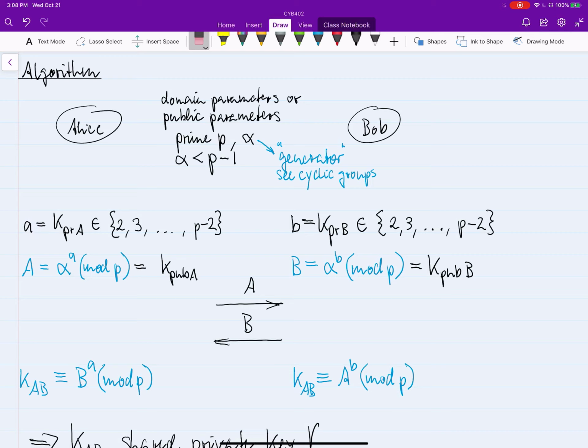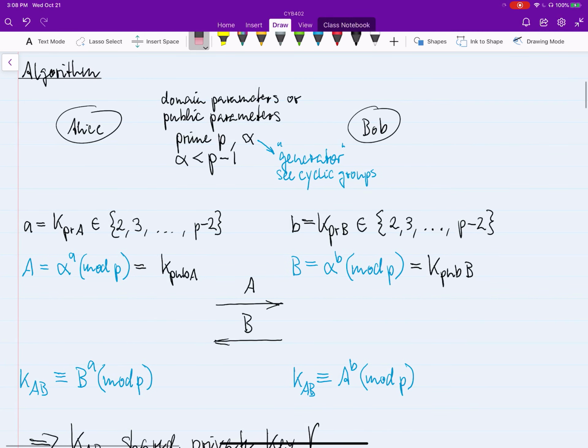And Bob is pretty much doing the same thing. Independently, Bob chooses a private key, which we call small letter b, chosen out of the same range of numbers.